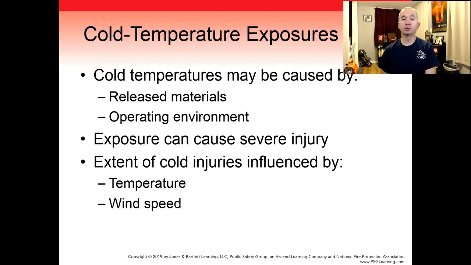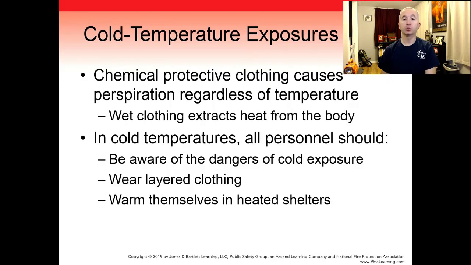Cold temperature exposures can be caused by released materials or the operating environment. Exposures to severe cold for even a short time can cause severe injury to body surfaces. Temperature and wind speed influence the extent of cold injuries. Low temperatures with wind create wind chill. Individuals wearing chemical protective clothing will perspire regardless of the temperature outside.